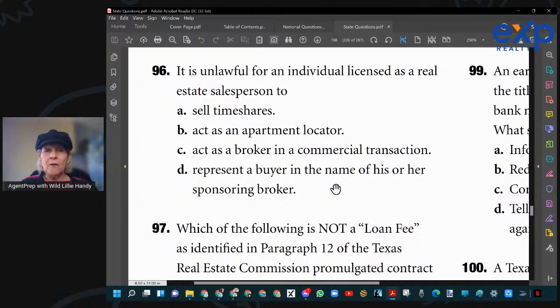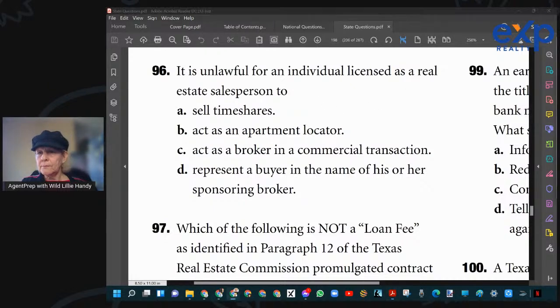So what is the question asking? Real estate salesperson. They're licensed, but they are a salesperson. Keyword. Salesperson. So what can or cannot a salesperson do?